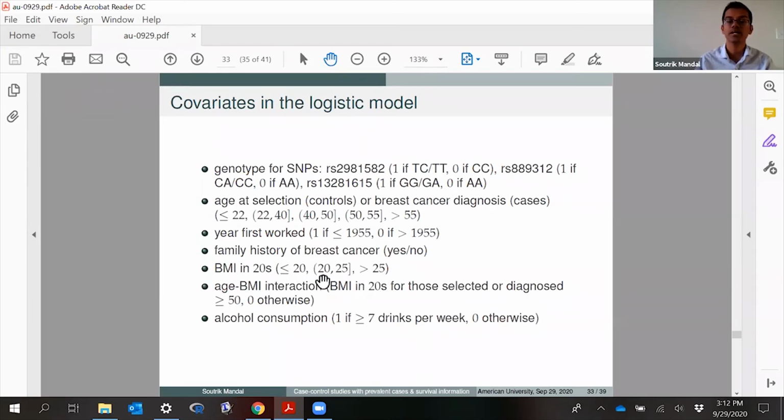These BMI numbers are collected in the 20s, meaning between age 20 and 29. We have the age BMI interaction, which is the BMI in 20s for those selected or diagnosed after 50 years old, or 0 otherwise. And alcohol consumption level, which was coded as 0-1 based on whether the subject had greater than or equal to 7 drinks per week.